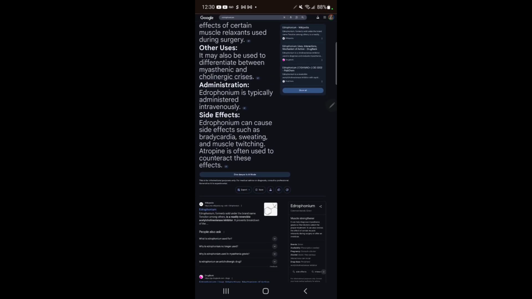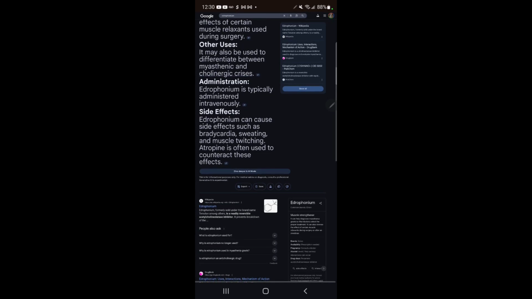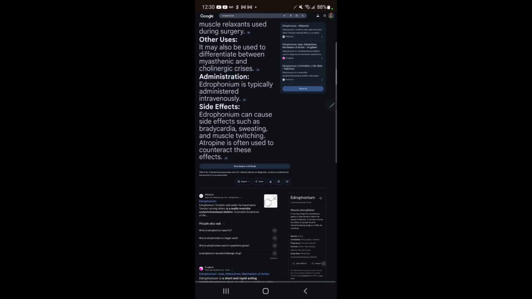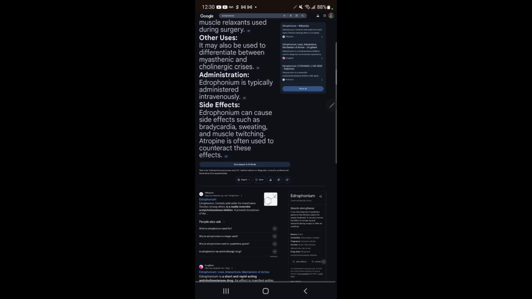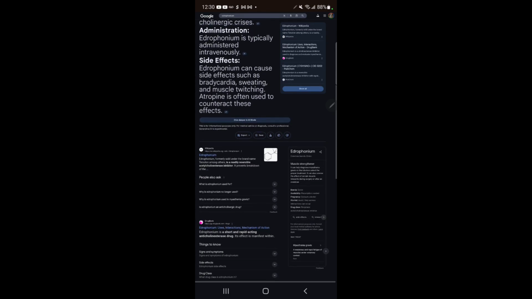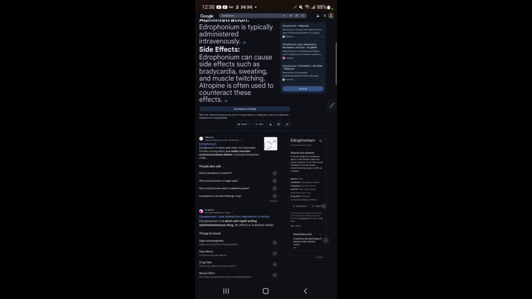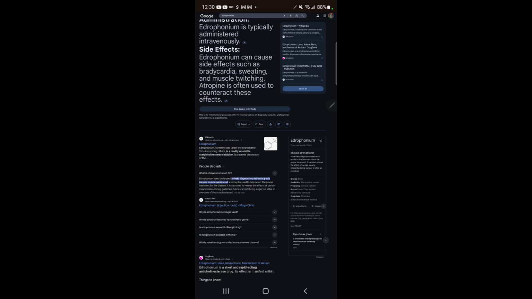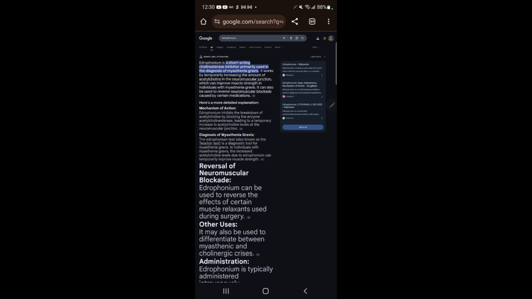It's formerly sold under the brand name Tensilon. Severe muscle weakness. It helps to diagnose myasthenia gravis. It basically has to do with reversing a neuromuscular blockade.